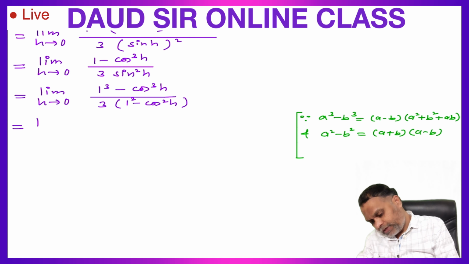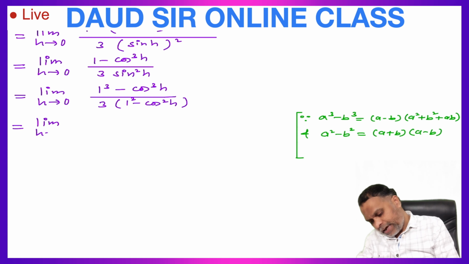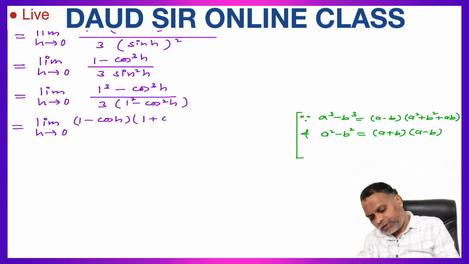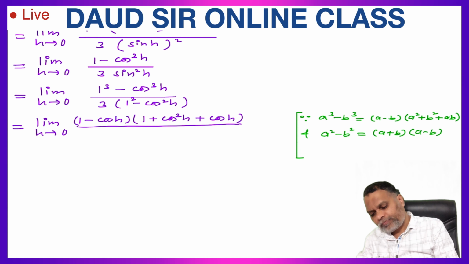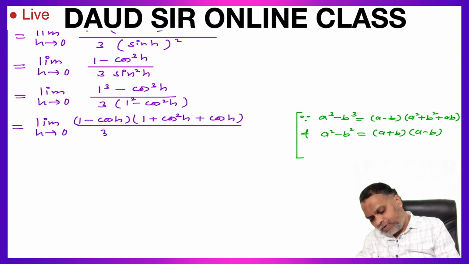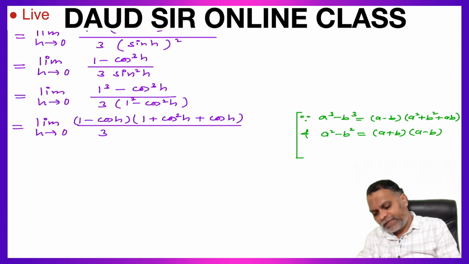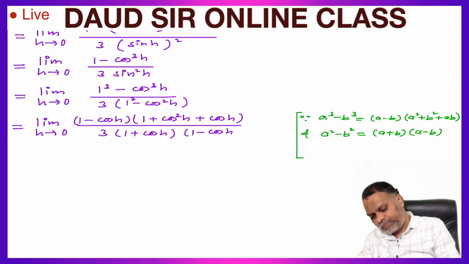So which is equal to limit h tends to 0, (1 minus cos h) into (1 square plus cos square h plus ab, means cos h) upon 3 into (1 plus cos h) into (1 minus cos h).